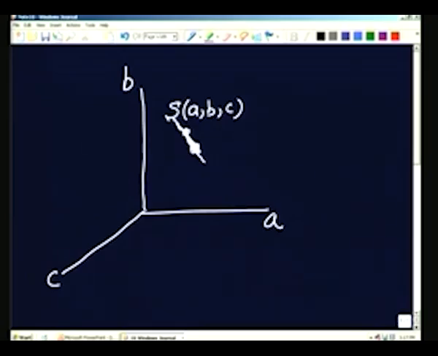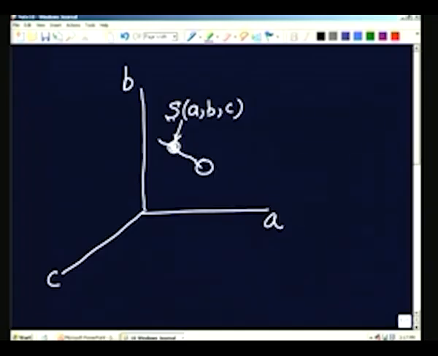This is tangential to the surface which is characterized by S of A, B, C. So, I have the point which is S, and the gradient is a vector which gives the direction in which it is varying by the largest amount, and therefore, I can show the direction like this.